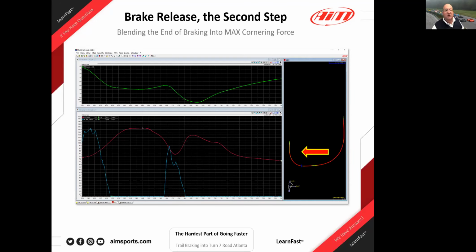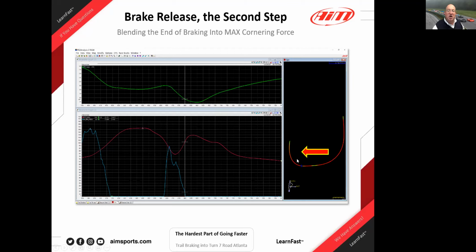just to wrap this up, the second step, or the final step of 5 individual control inputs, points, or areas in a successful braking execution at maximum efficiency, is this one: bleeding the end of the braking into the maximum cornering force. We saw that a little bit in the last slide going into 10A.